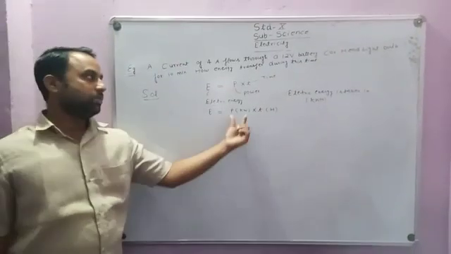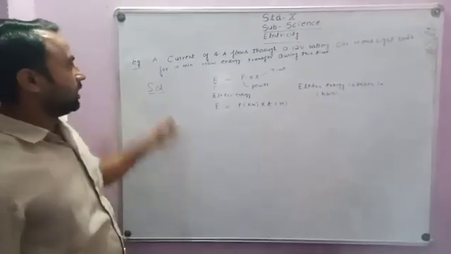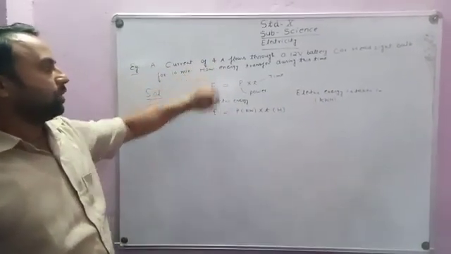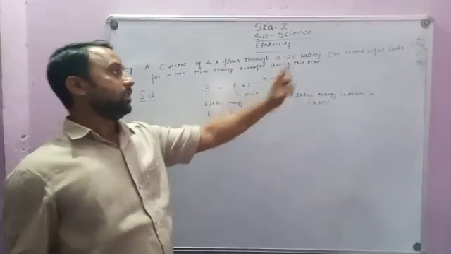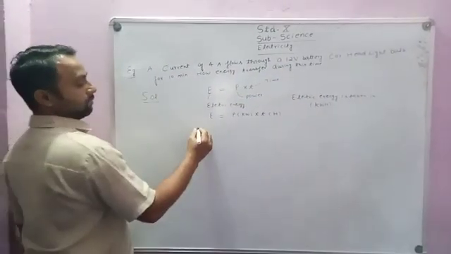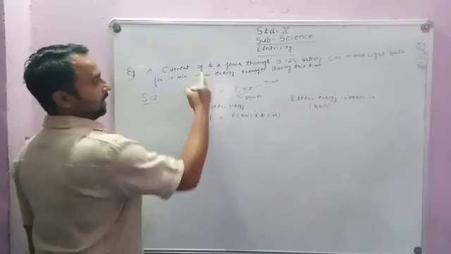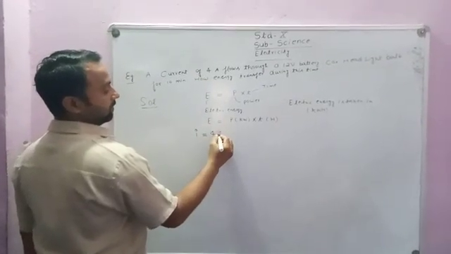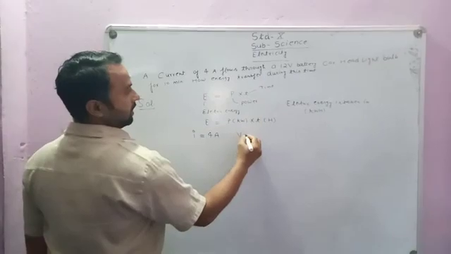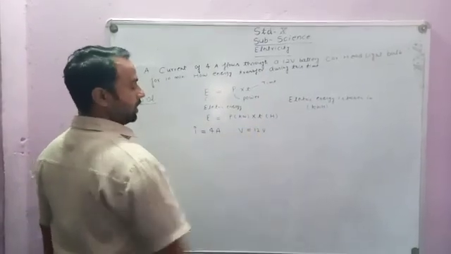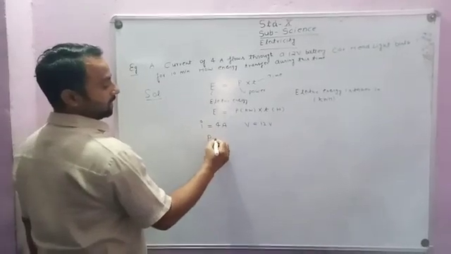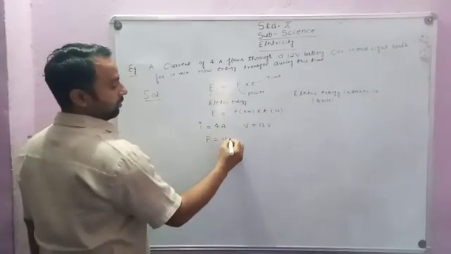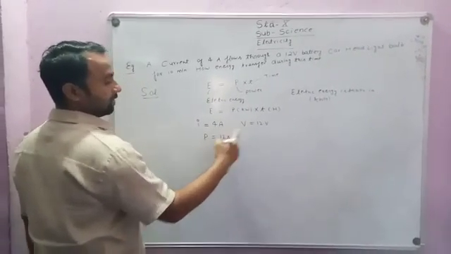So first we have to write how much current is passing through. 4 ampere current is passing through a 12-volt battery. It means first we have to write the data. Current is 4 ampere, voltage is 12 volt. So first we have to calculate power, which is equal to voltage into current.